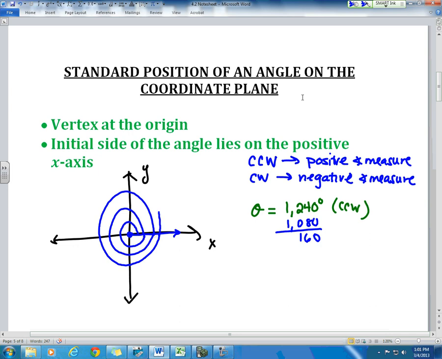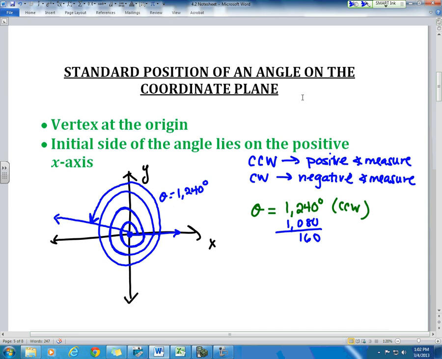So here's 90, and then I need about another 70. So maybe we'll make our terminal side right here. And I'm going to put an arrow here right before it gets to the terminal side so I know which way this rotated. The fact that I started above the x-axis and moved in this direction also tells us that it is positive, but this angle theta is 1,240 degrees.